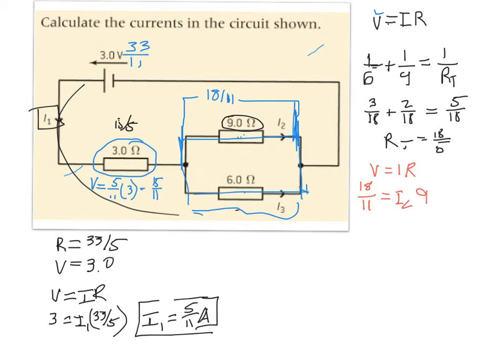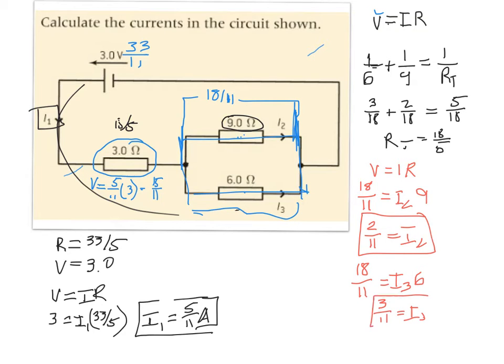So I divide by 9, and I get 2 over 11 is I2. That wasn't too bad. Then I can do the same thing for I3, because I3 also has to have a potential difference of 18 over 11. So that will be I3 times 6 ohms divided by the 6, and I'll have 3 over 11 equals I3.